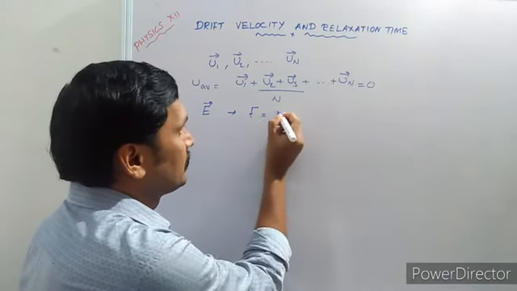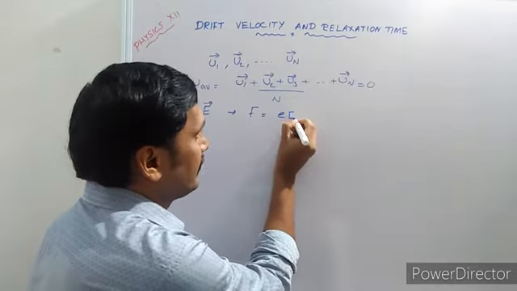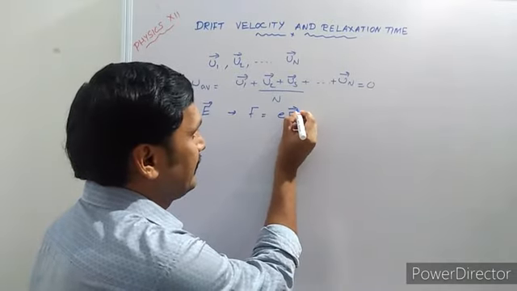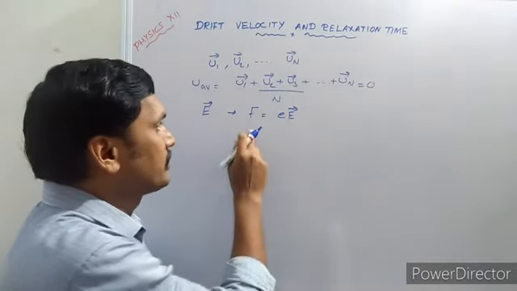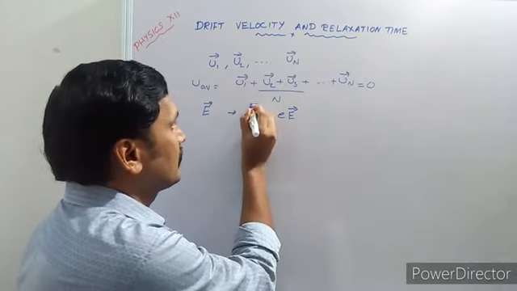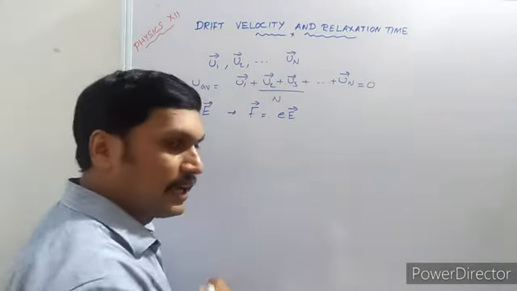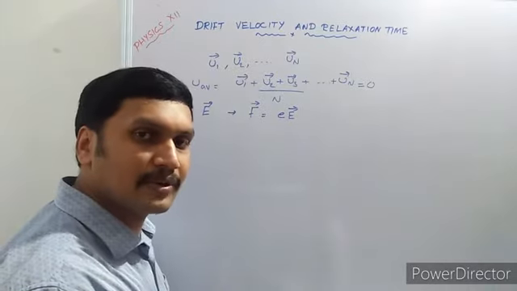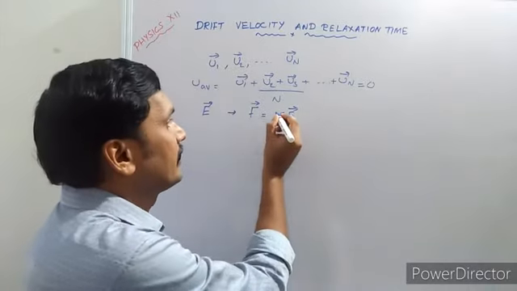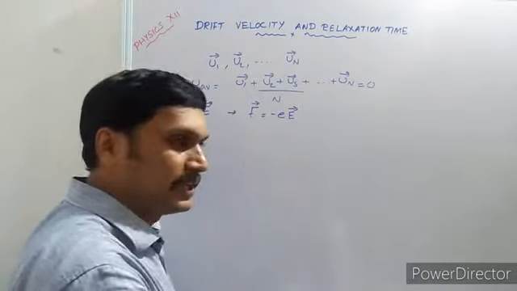In vector form, F is equal to minus e into E, as this force is in the direction opposite to the electric field.